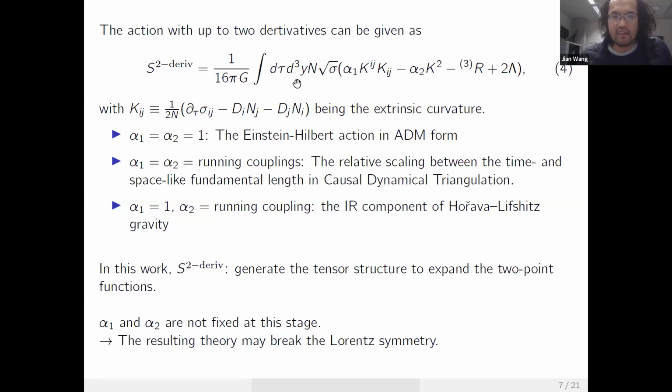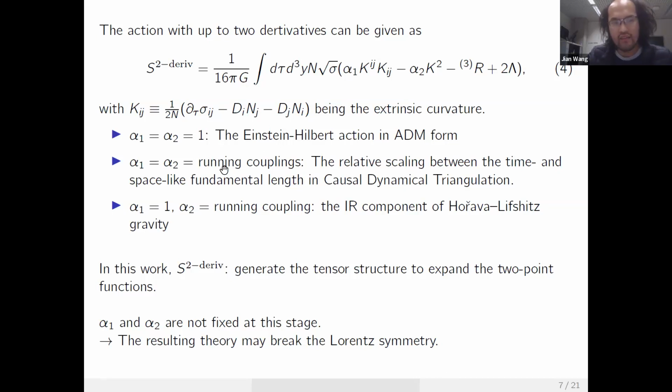We notice that in addition to the Newton coupling and the cosmological constant, we have another two couplings, alpha 1 and alpha 2. Then there are three very interesting cases associated with different values of alpha. For example, we can set alpha 1 and alpha 2 to be 1 by hand, and in this case we just recover the Einstein-Hilbert action in the ADM form.